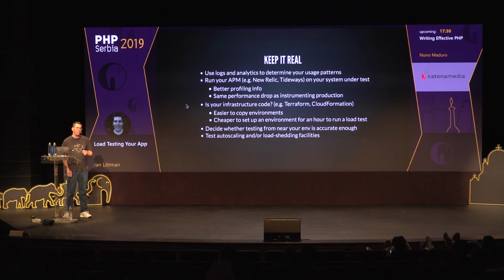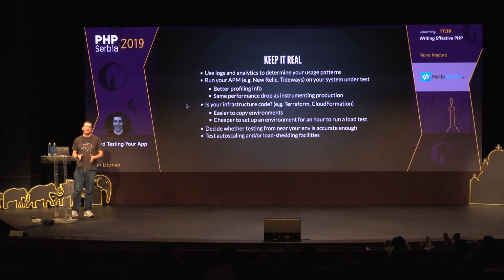On top of this, if you have infrastructure as code, for example Terraform or CloudFormation, if you're doing an Amazon stack or something to that effect, then you can build up an environment that is piece for piece nearly identical.